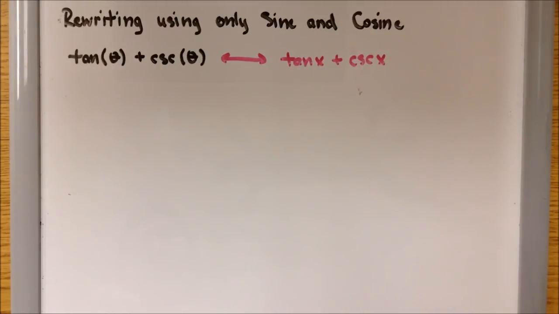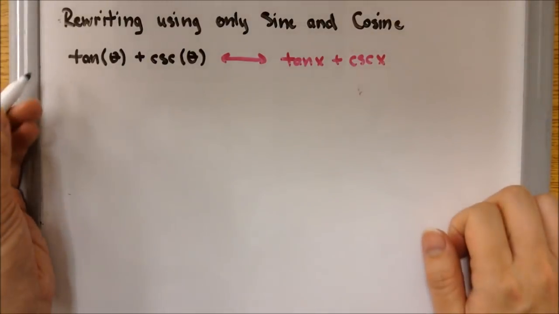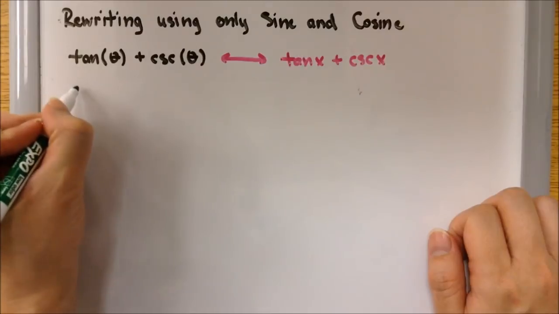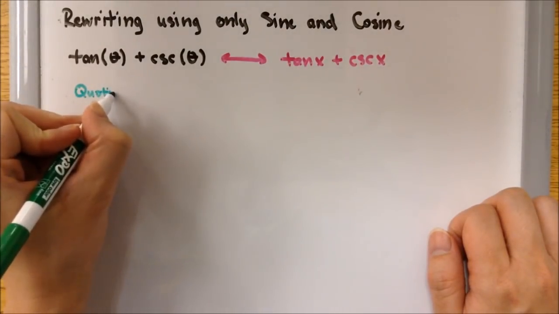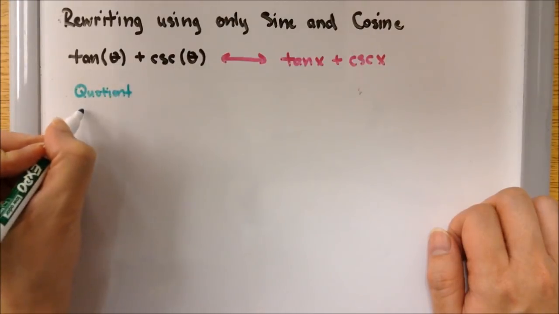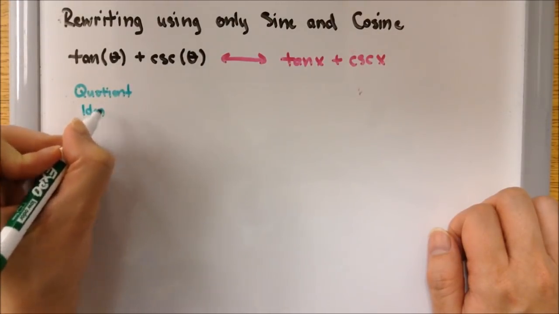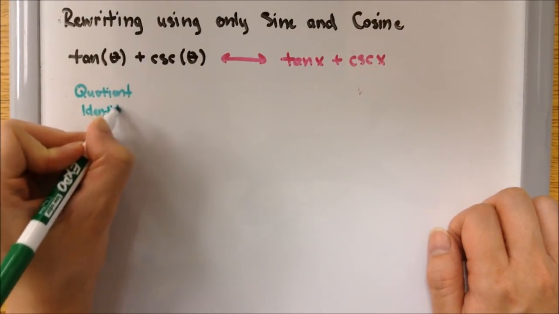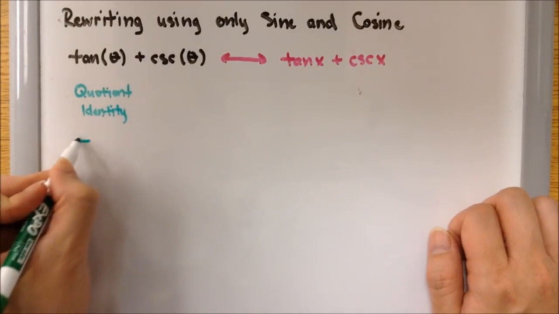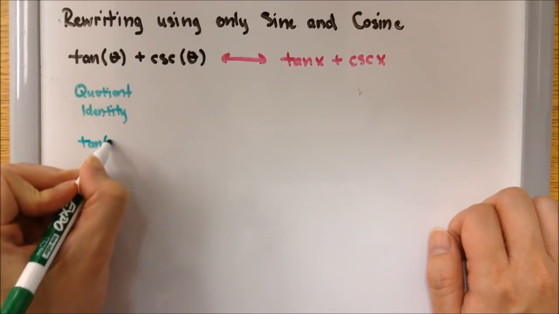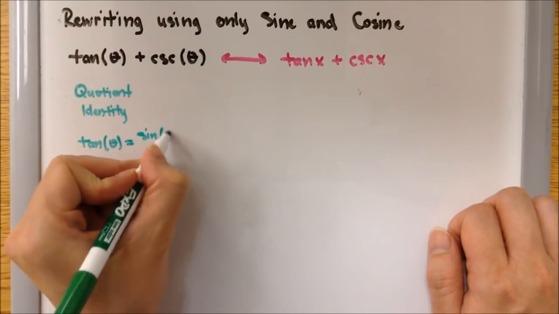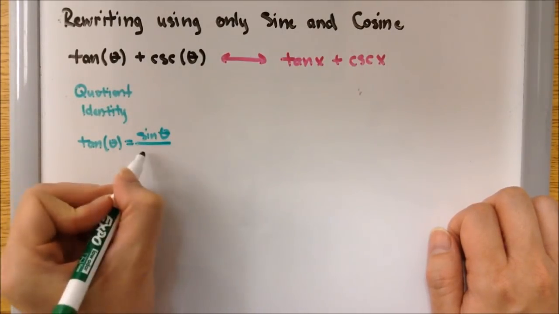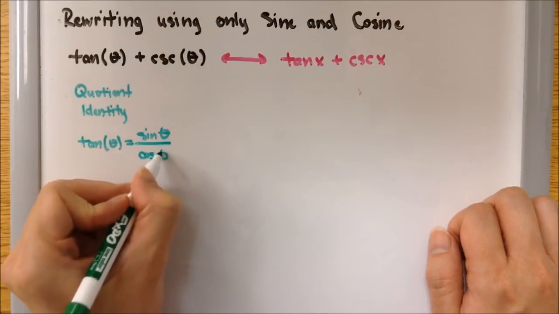Alright, so if I were to rewrite it, now for tangent, I would use the quotient identity. So tangent theta is equal to sine theta over cosine theta.